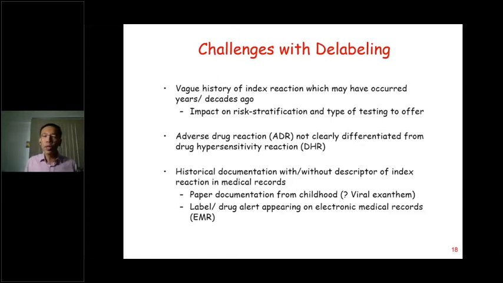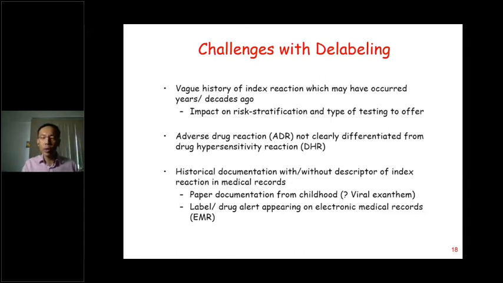The second problem which electronic medical records has brought is that sometimes these labels and drug alerts appear on the electronic medical records. And I think there are usually quite a lot of medico-legal concerns on what should potentially happen if you erroneously remove that drug alert.